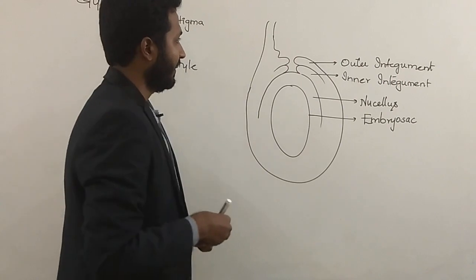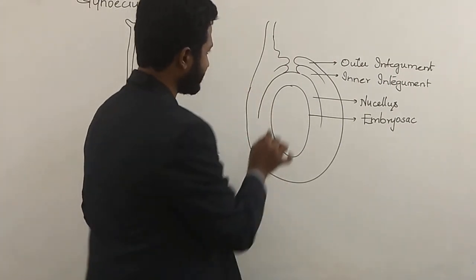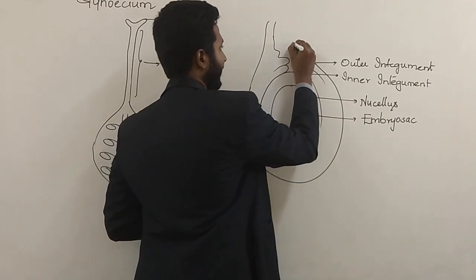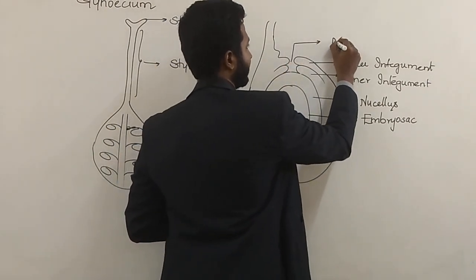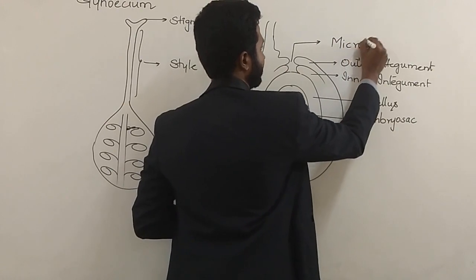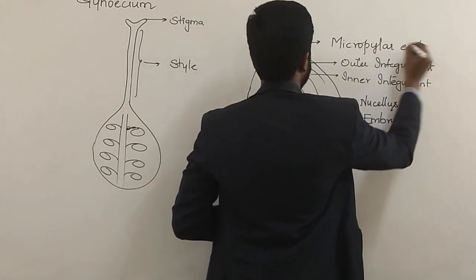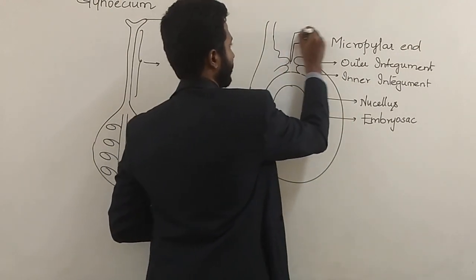Then, if you carefully analyze this structure, there is small pore being present on top. We call this as micropylar end. And the pore is known as micropore.